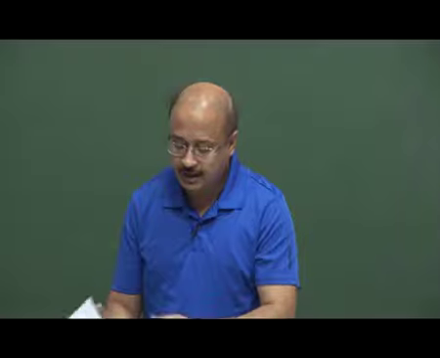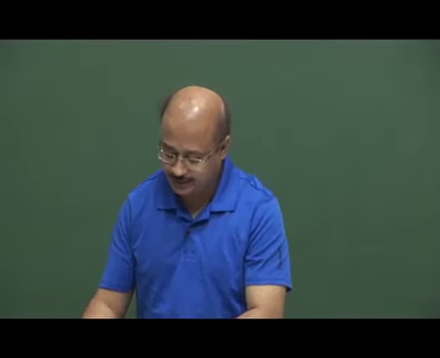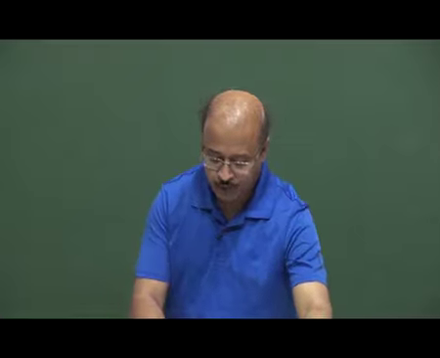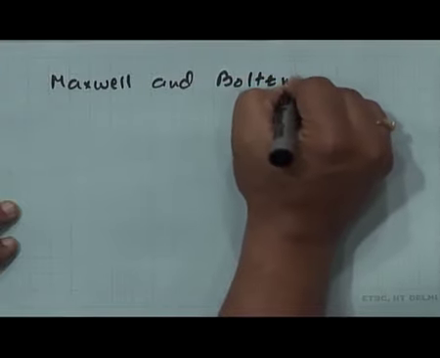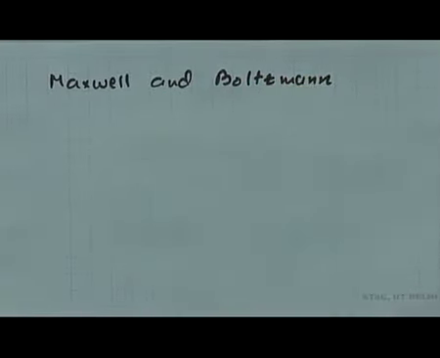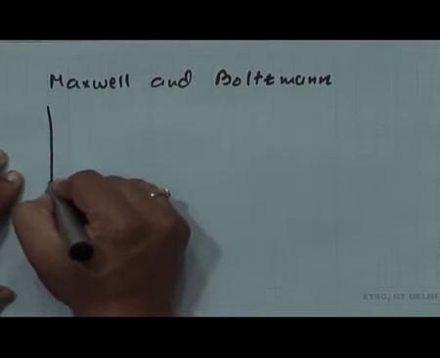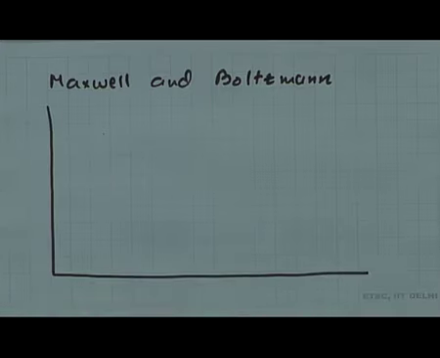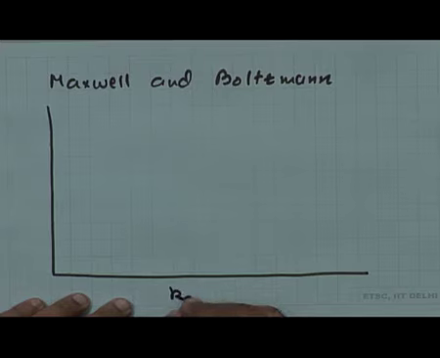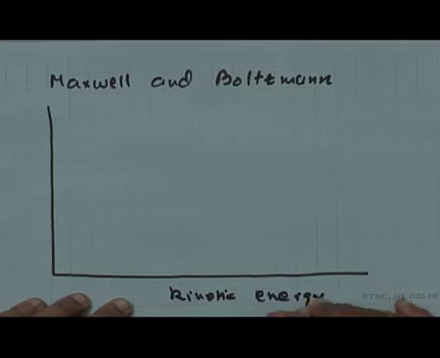But first let us take a look at the distribution of kinetic energy. So this distribution was first proposed by Maxwell and Boltzmann, through a series of equations that they derived. So this is how the distribution looks like. So this is kinetic energy, okay.